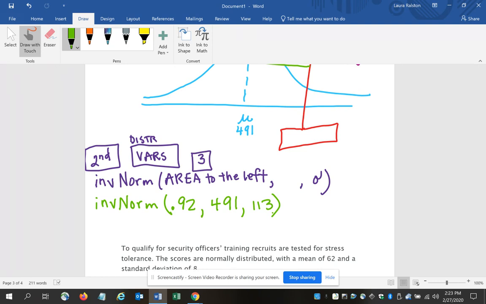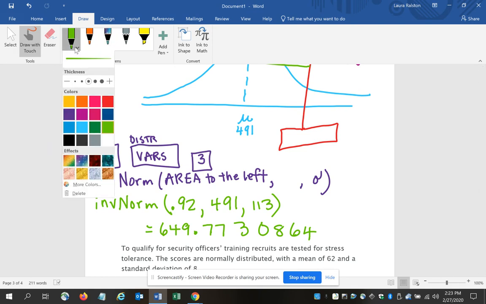The standard deviation is 113. And I get a score of 649. My calculator gives it to me as 649.77308664.